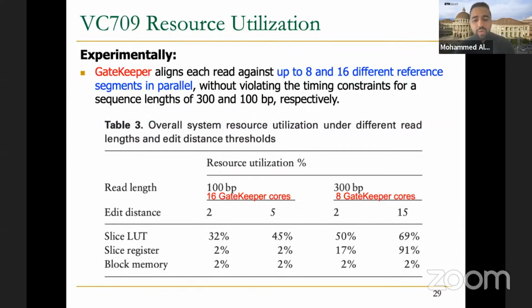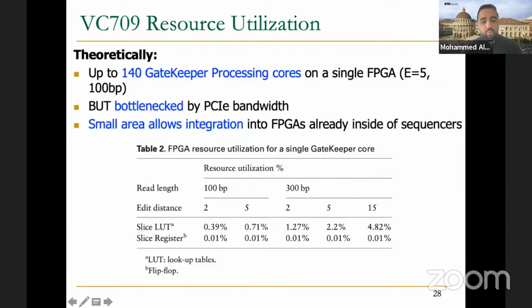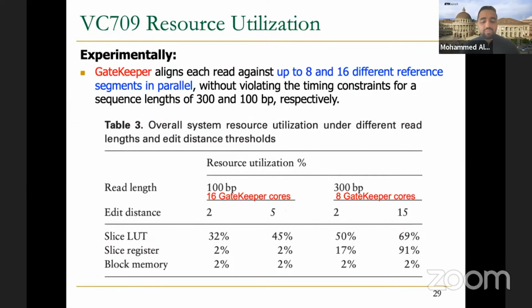Now, when we do the experiment, this is how much we can fit in the lookup table. When I was talking about when you have 1% of utilization, you can fit 100 of these replications, that is ideal. But in practice, you may not be able to fit this many, given the challenges I listed just earlier.